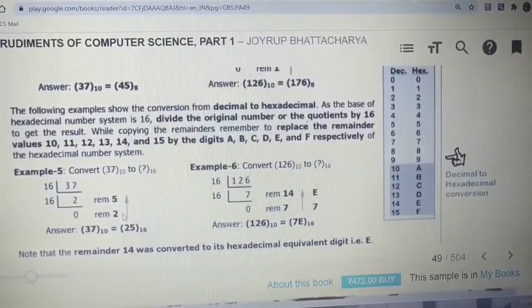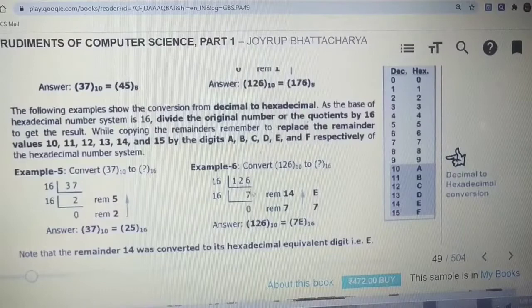Now again coming to the same example we have taken, that is 126. 126 divided by 16, 16 7s are 112, so remainder is 14.